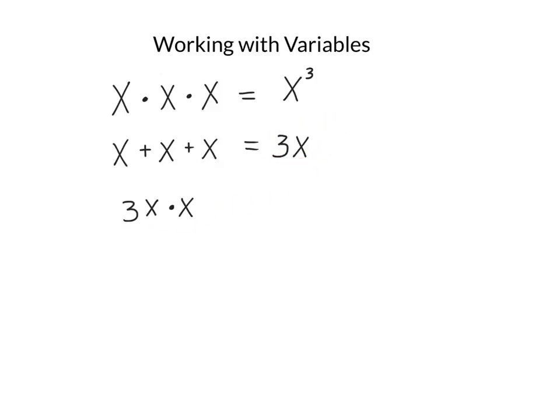So I'm going to go ahead and highlight this 3x there, and that's the same as this 3x right here. And so we're going to just go in and replace it. So 3x is x plus x plus x.